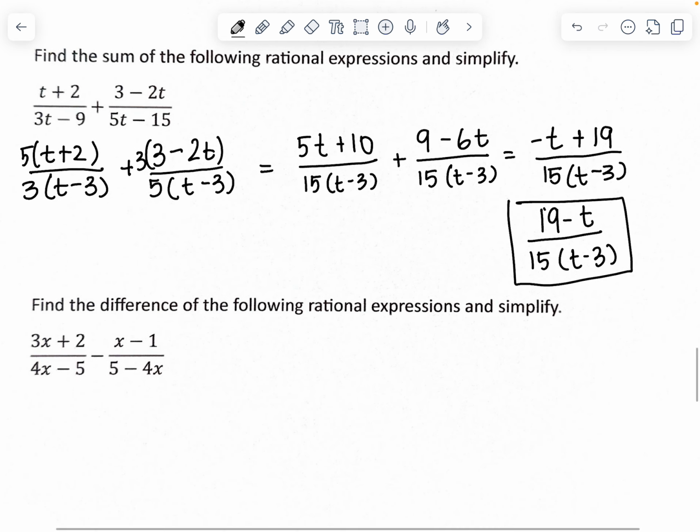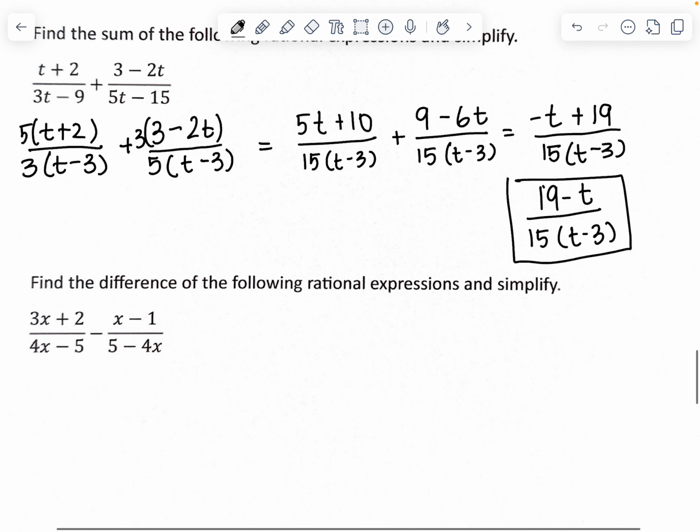Number 10, it says find the difference. So this one, they have almost similar. I'm going to make sure I didn't type that wrong. Nope.